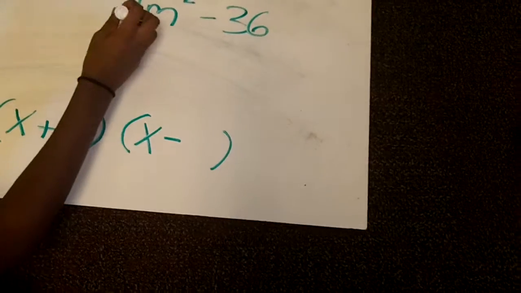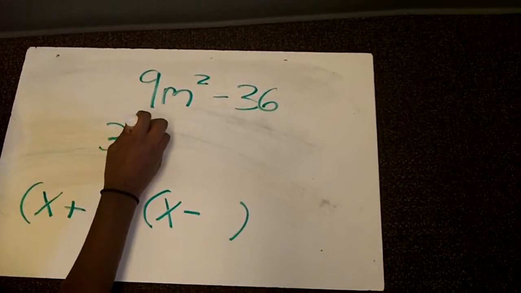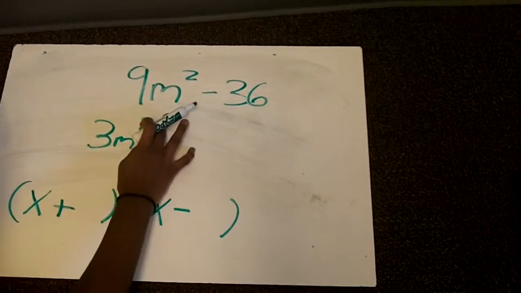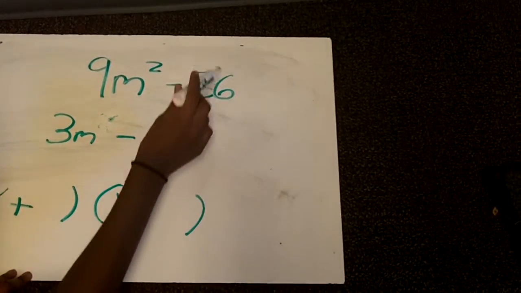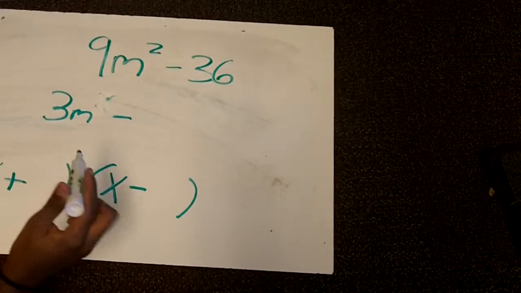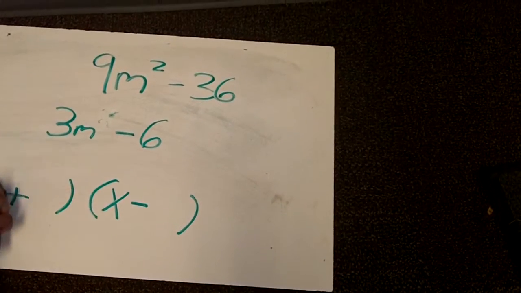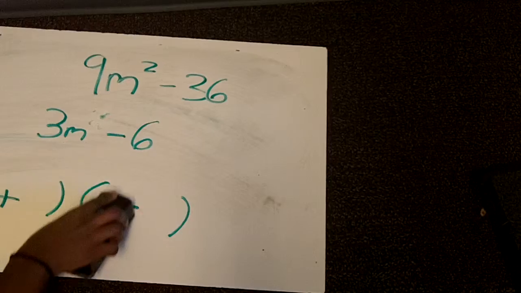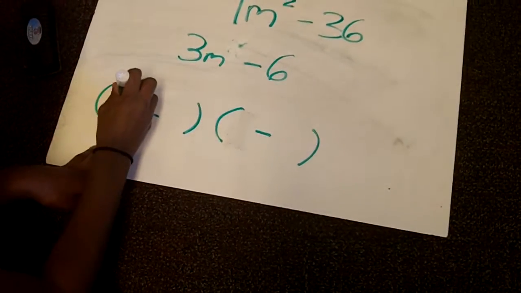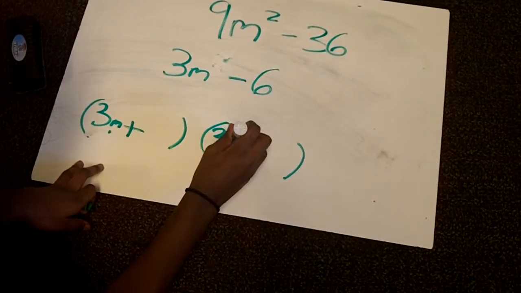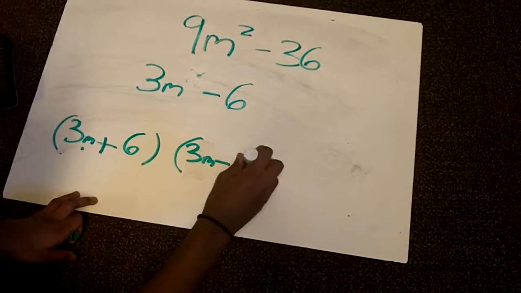So the square root of 9 would be 3, and the square root of 36 is definitely 6. So, I was wrong there. So this value would go in there as 3m, and it'd be 3m here also. And then this would be plus 6, and that would be negative 6.